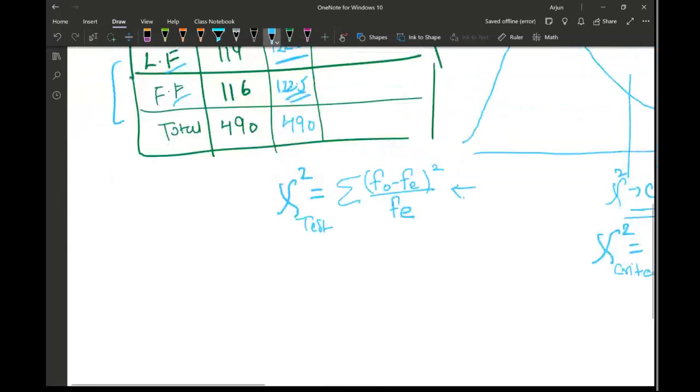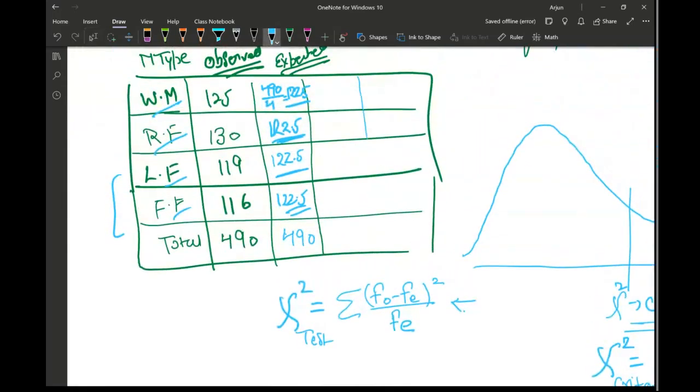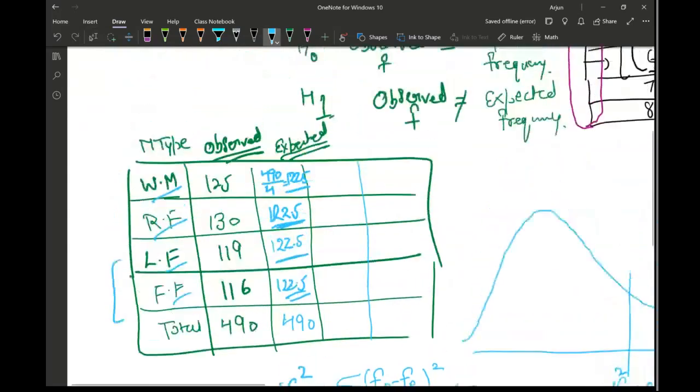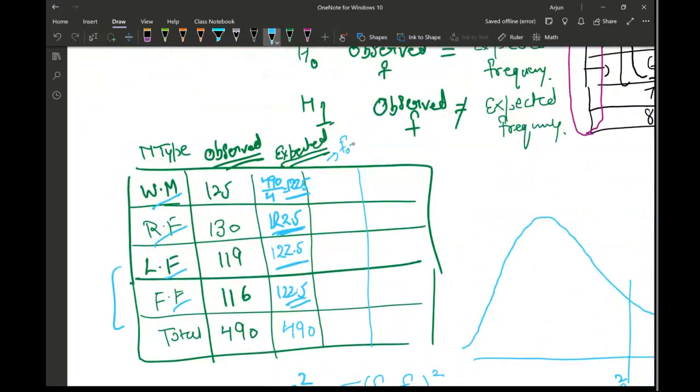You will first of all compute FO minus FE. You will write down the value here, FO minus FE, and then you square it. So this will be 125 minus 122.5 squared. That will give you 2.5 squared, which is 6 point something. We'll do that later on.